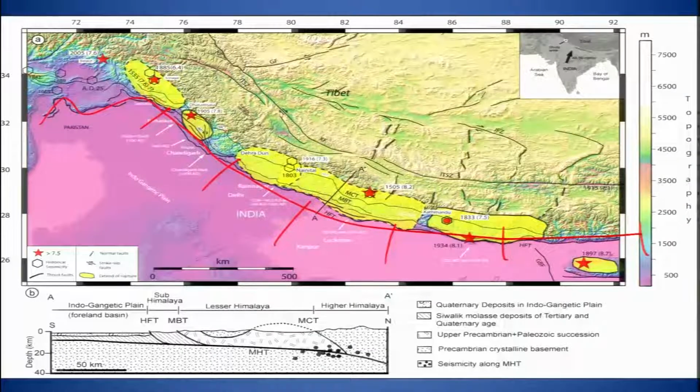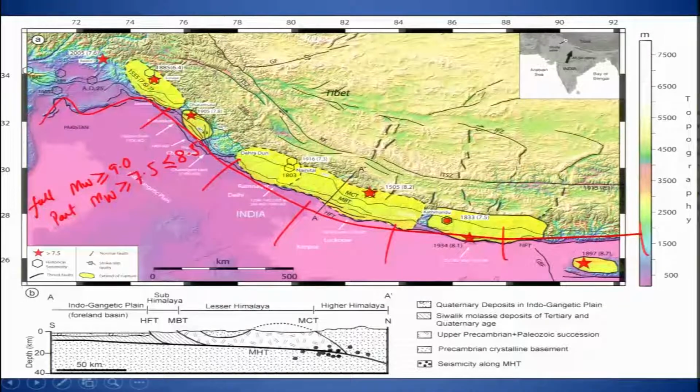Now, if it is going to rupture in one single go, the complete full rupture, then we are looking at an earthquake with magnitude greater than or equal to 9. But if it ruptures in part, then it may have an earthquake with a magnitude between 7.5 and 8.5 or so.